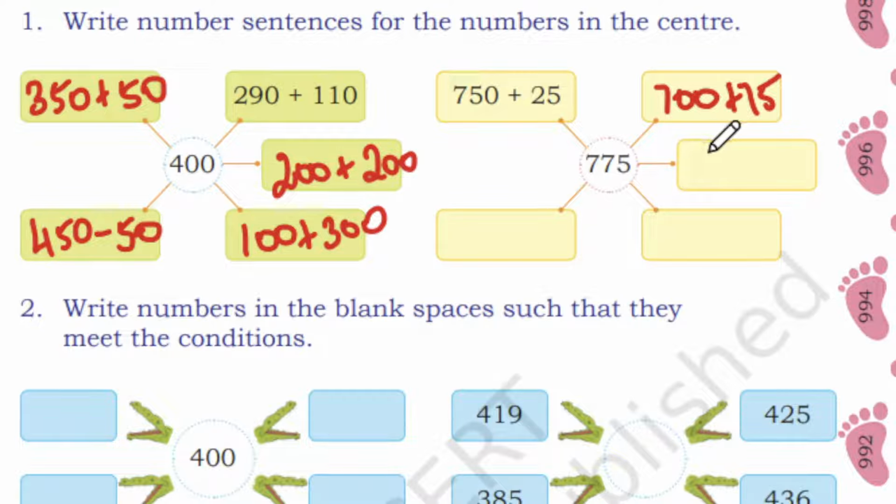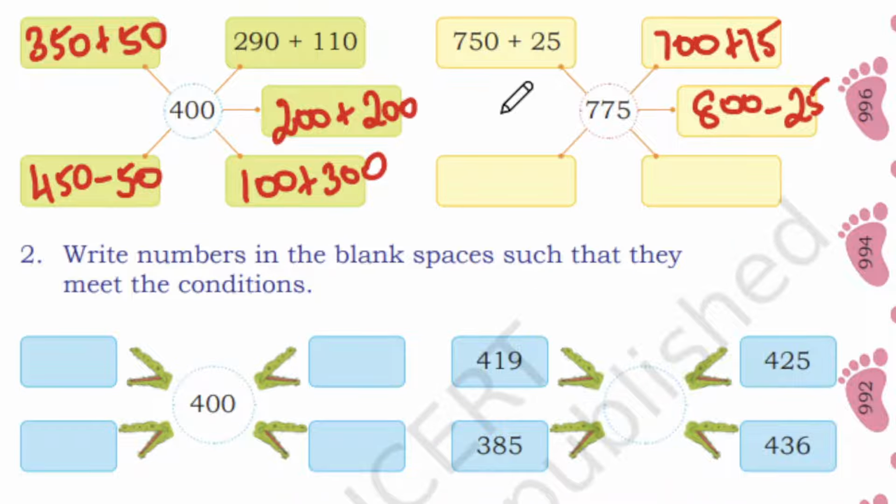You can write 800 minus 25 and 760 plus 15 and one blank. I'm leaving it for you. You can fill this answer. Easy one, right? You can do it.